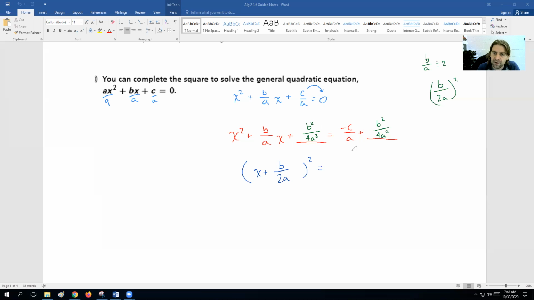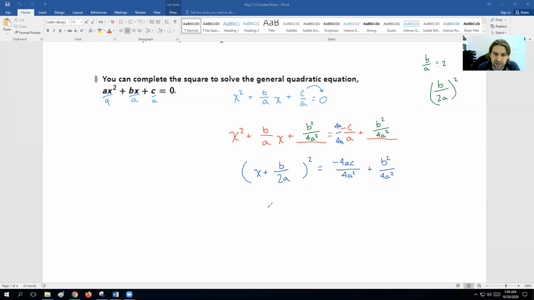And now this side here, if I want to combine these together, I would have to get a common denominator. In order to make this match up with the 4a squared, I'm going to have to multiply the top and bottom here by 4a. So this becomes negative 4ac over 4a squared plus b squared over 4a squared.